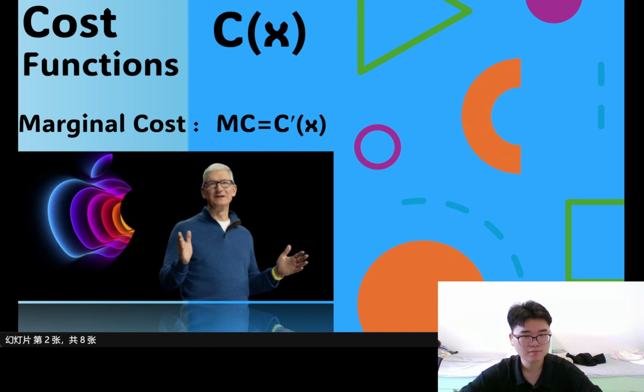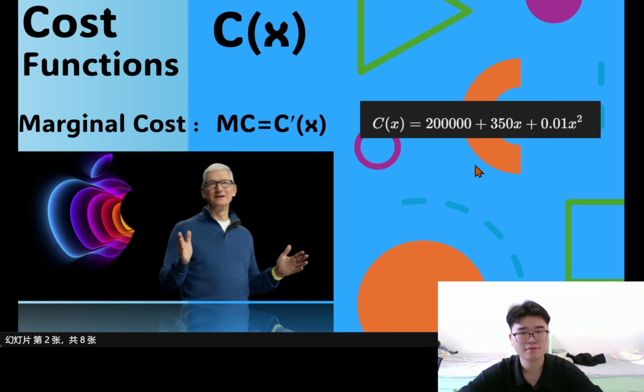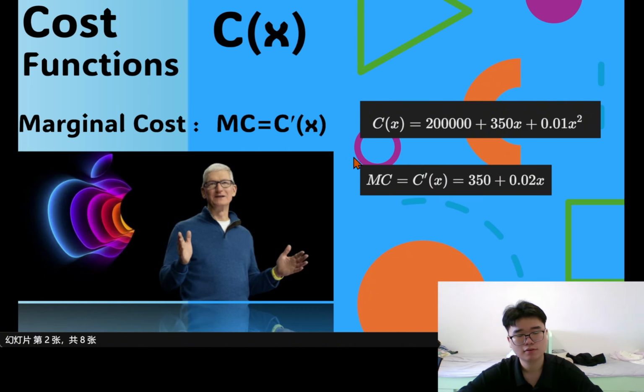Now, let's assume that the cost function about iPads is this one. And then we can get the marginal cost function, this one.